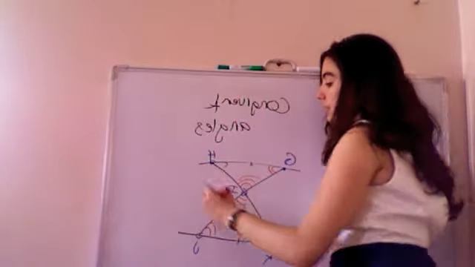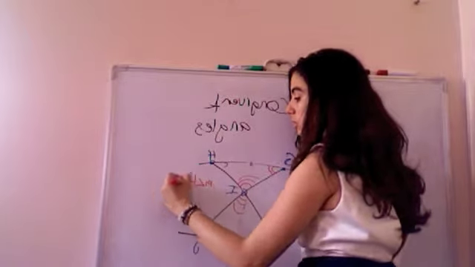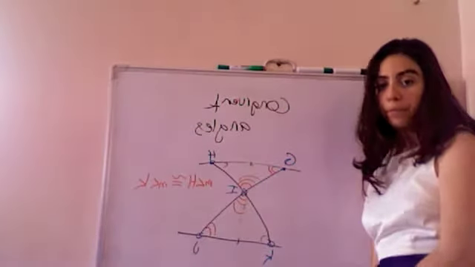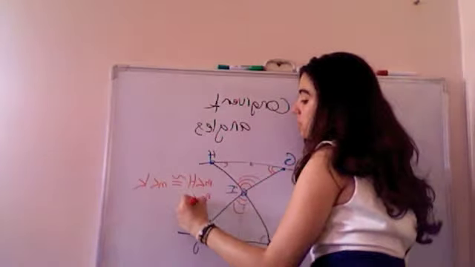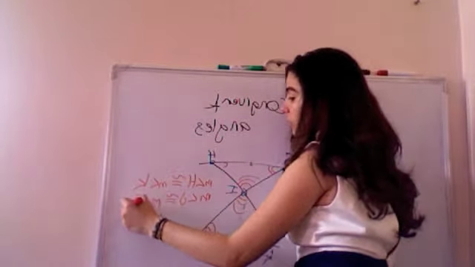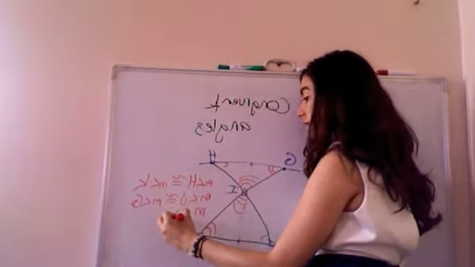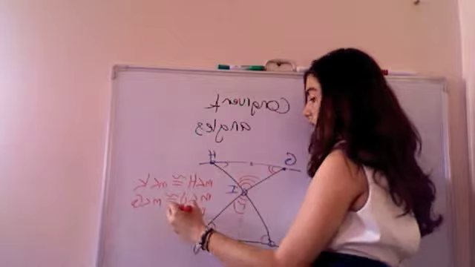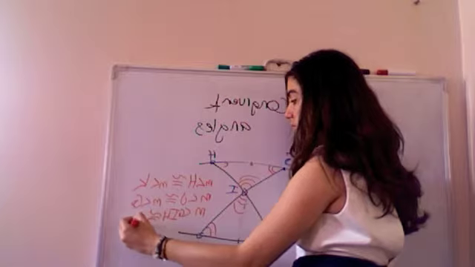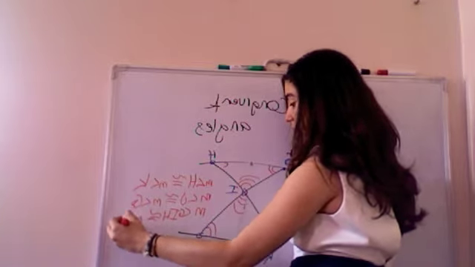So what we're going to write is: measure of angle H is congruent to measure of angle K. Measure of angle J is congruent to measure of angle G. And of course, measure of angle GIH is congruent to measure of angle KIJ.